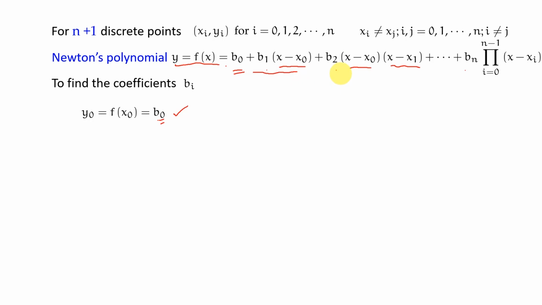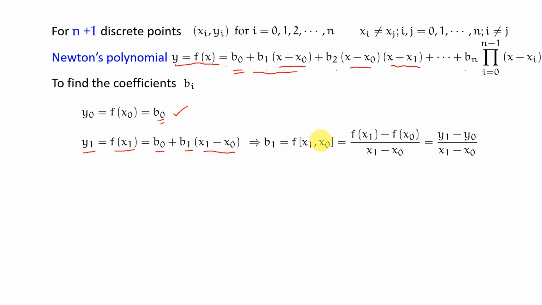So if I put x equal to x1 in this polynomial, then only these first two terms will survive, all other terms will go down to 0, which means that y1, which is f(x1), is given by b0 plus b1 times (x1 minus x0), and that means b1 is this: f(x1) minus f(x0) divided by x1 minus x0. f(x0) is the b0, so that is how this f(x0) is coming.